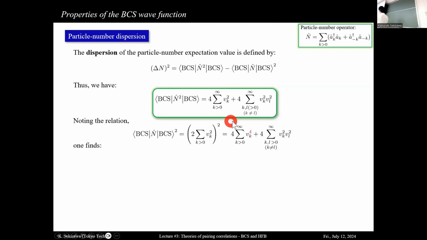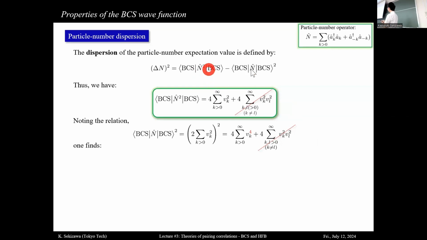And then you can again separate this summation into two terms, one with the same index, the other with different indexes, and you can find the same terms here and here.